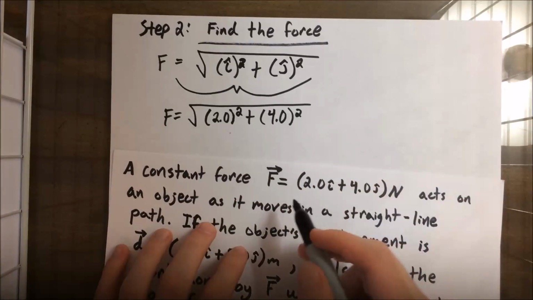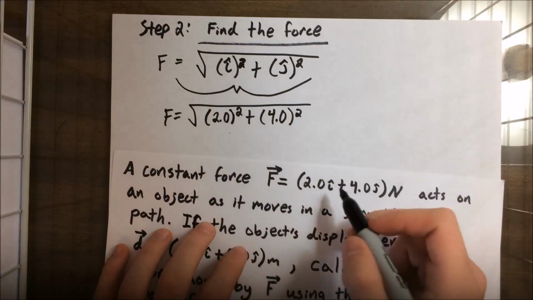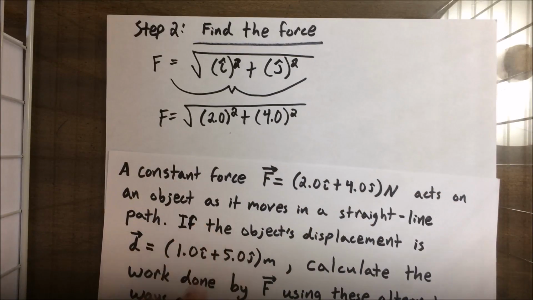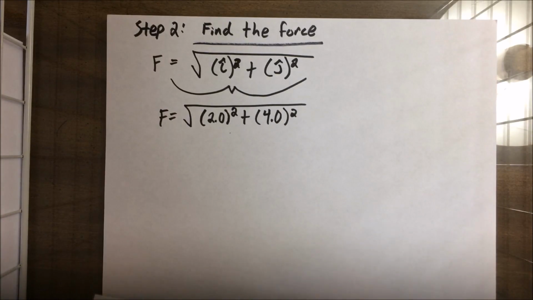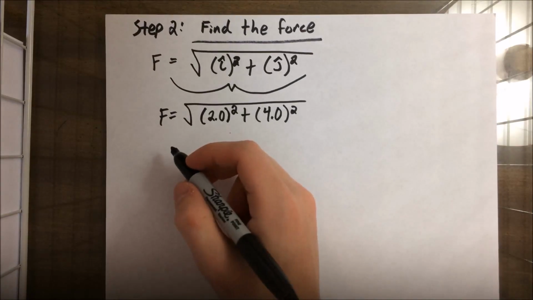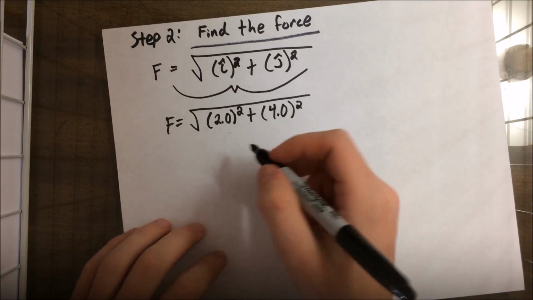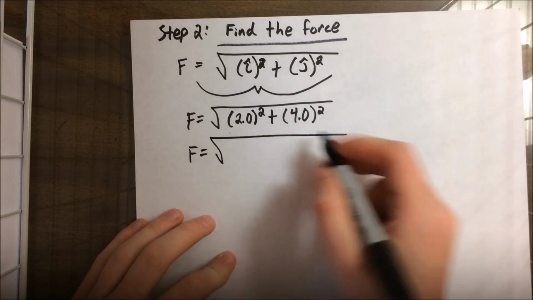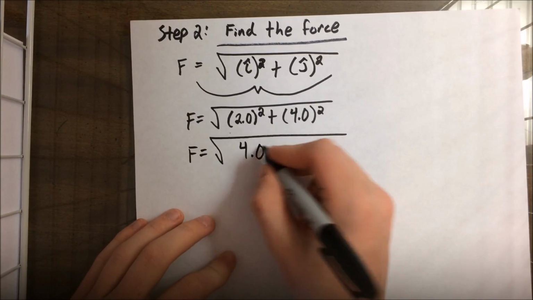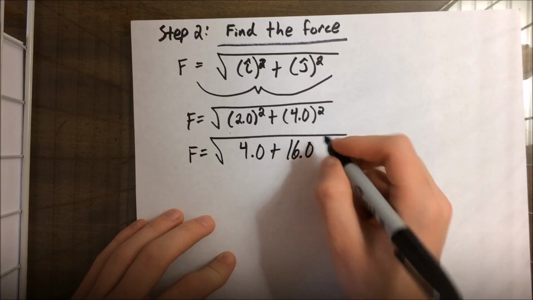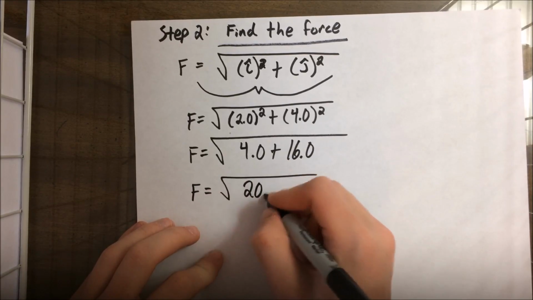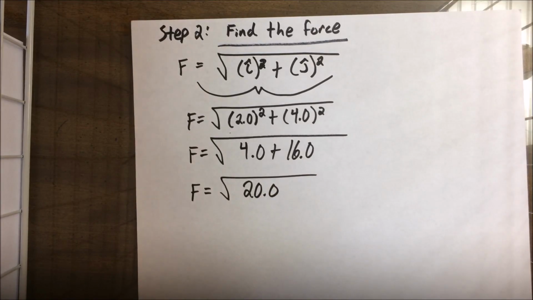If you look at f here, the i hat portion is 2.0 and the j hat portion is 4.0. Okay, so then to finish this out, f would be equal to the square root of 4.0 plus 16.0. So f is equal to the square root of 20.0, which can be simplified, but we don't need to do that at this moment.